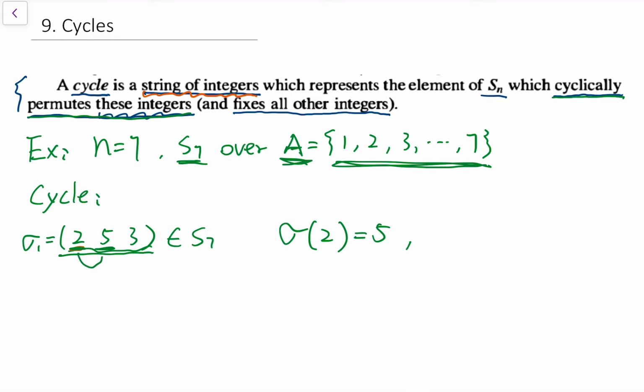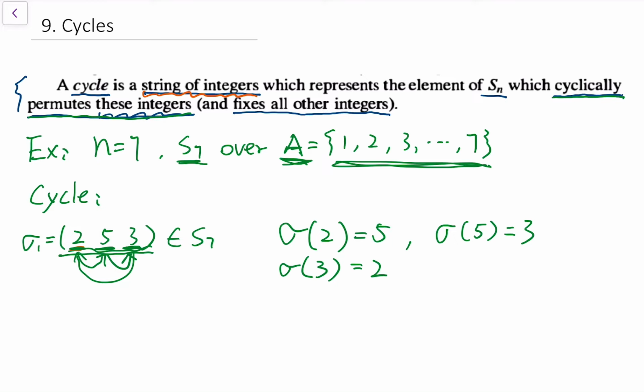So 2 goes to 5, and similarly, if you apply this cycle to the second integer, which is 5, you get the third one, which is 3 here. And then you can apply this cycle to the integer 3. Because 3 is the last integer in this string, we cannot go to the next one, because there's no next integer. But for the last integer, we just go back to the first integer, so it will go back to 2.